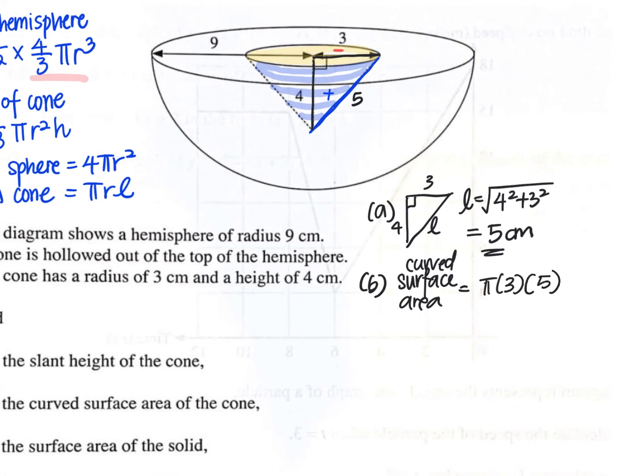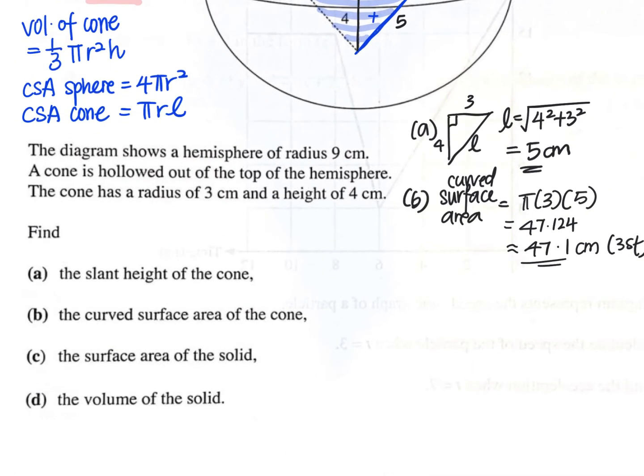Slant height is 5. So I got this answer to be 47.124, and rounding off, 47.1 cm squared for 3 sig fig. Okay, that is part B of my answer.